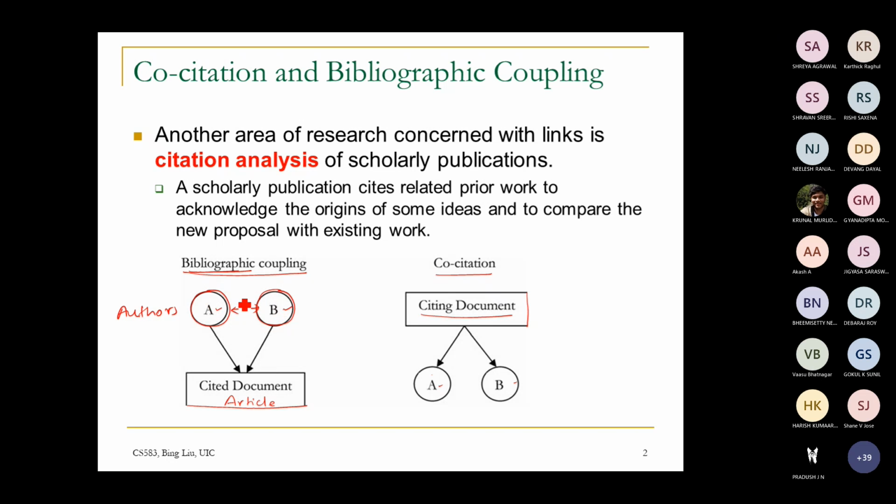They have similar research. For example, this one is about chemistry, and they have written about the covalent bond. This is also about chemistry and also about the covalent bond. So these two authors are bibliographically coupled because these two authors' papers are being cited in this particular document.